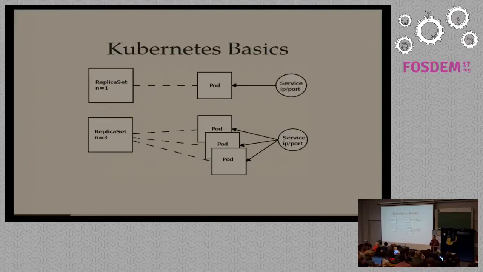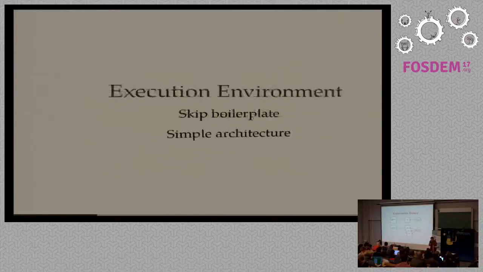Whenever you need to talk to your service, you connect to that IP address, and that will route the traffic to wherever the actual pods are. If you have multiple pods, it will round robin between them or something like that. Again, there's more bells and whistles, but if you've got those three things, you know enough about the basics of how Kubernetes manages things.